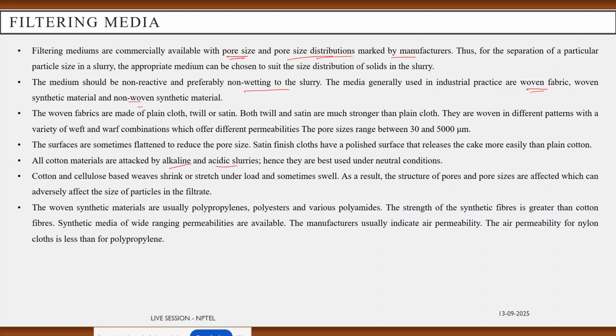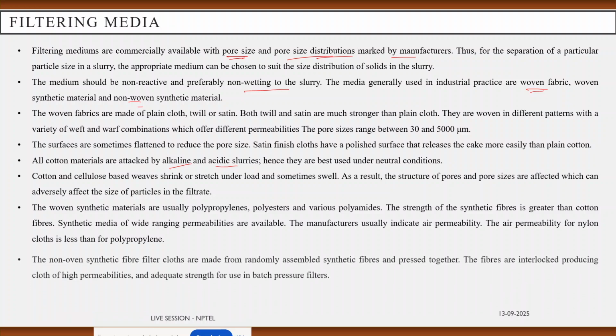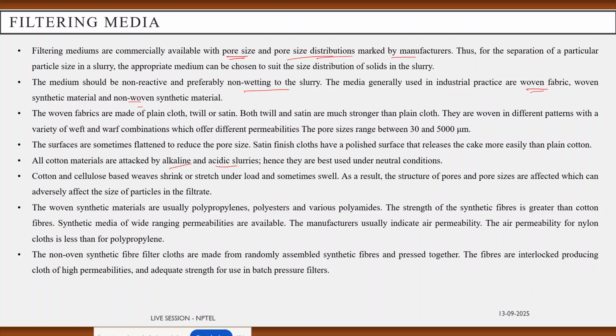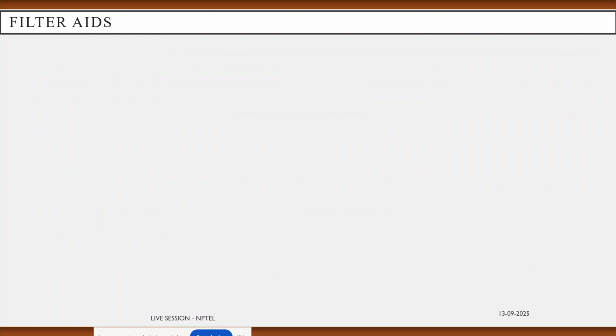The air permeability of nylon cloths is much lower than that of polypropylene. Non-woven synthetic fiber cloths are made from randomly assembled synthetic fibers pressed together. The fibers are interlocked, producing cloths of high permeability and adequate strength for use in batch filter processes.